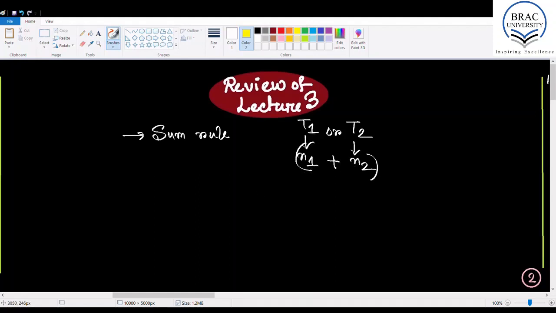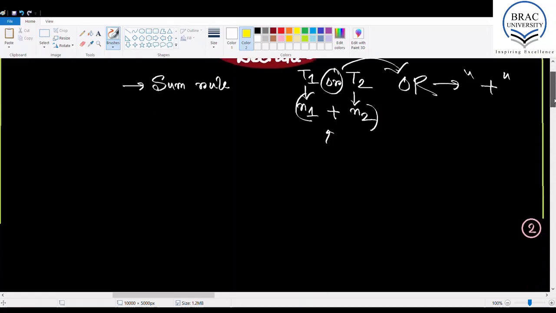How? See, task 1 and task 2 have a relationship that is defined by OR, and as we know, OR refers to addition, so this is why here we got addition sign.